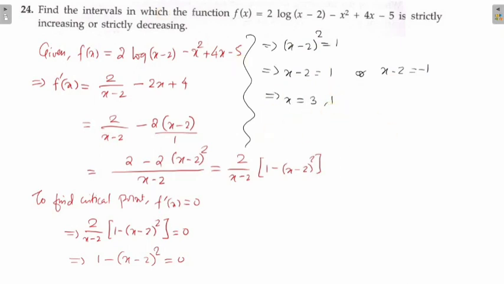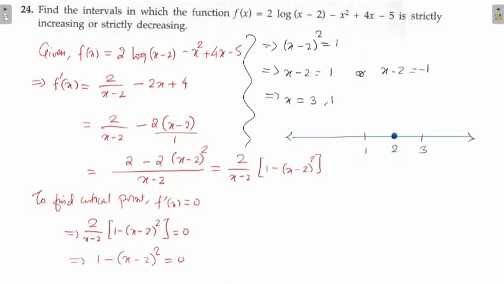Now we will draw a real line and plot these two numbers, 1 and 3. Again they are talking about strictly increasing and strictly decreasing. Remember, 2 is also excluded.